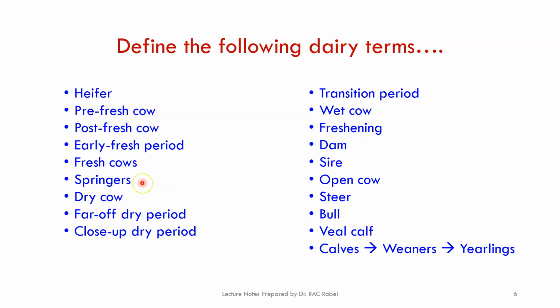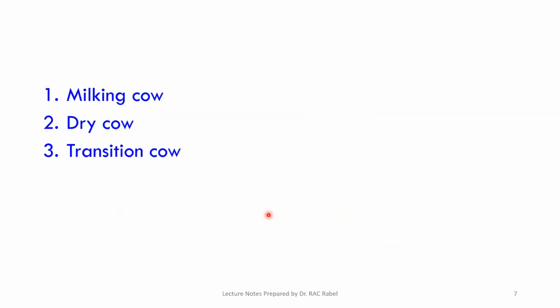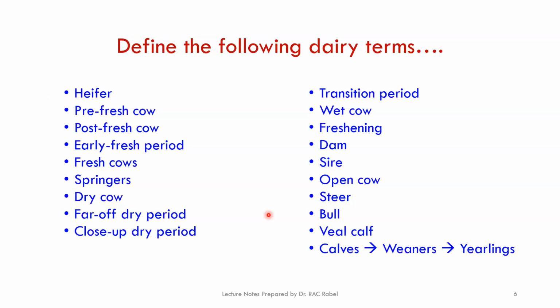What are Springer cows, right? Transition cow, so you should all know these terms, right? Steer, bull. So these are some dairy specific jargon that you have to be familiar with. We can always quiz you on these terms, right? And you might see them in exams also.